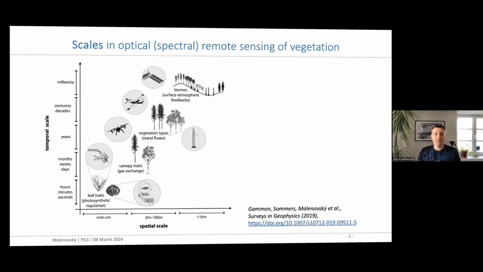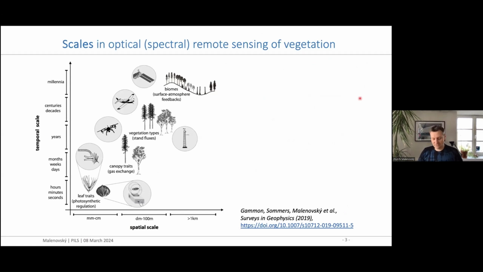So let me start with definitions of scales in optical remote sensing. Most of you, or many of you, especially if you are a PhD student, are challenged with measuring the plant traits at different scale. And we're talking about temporal scale as well as spatial scale.